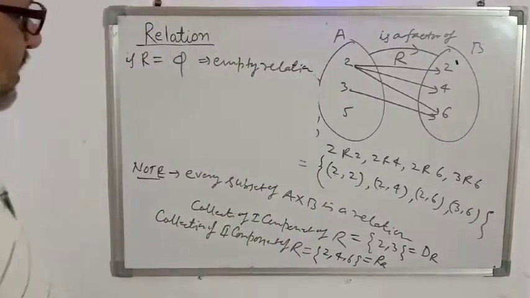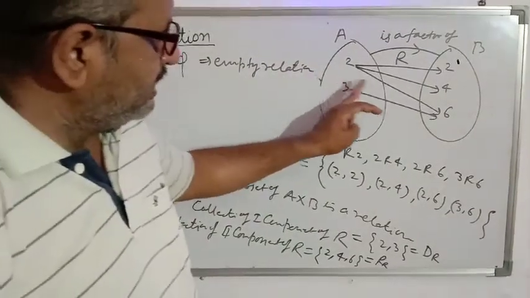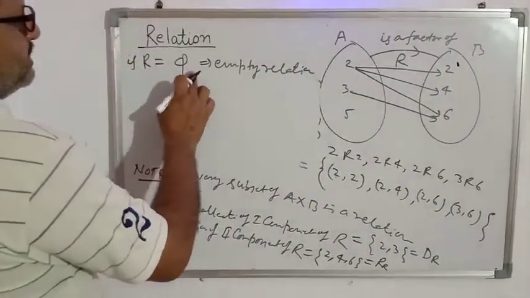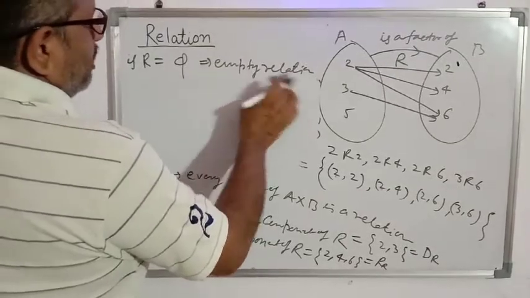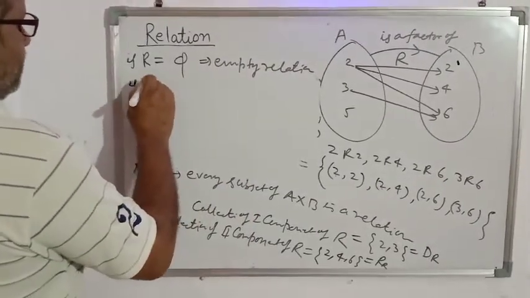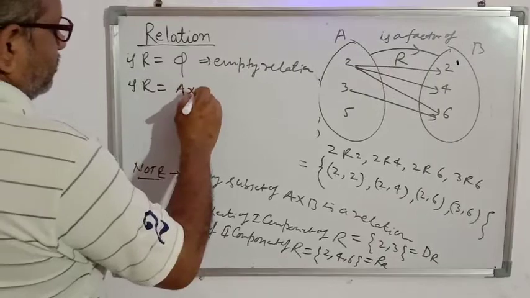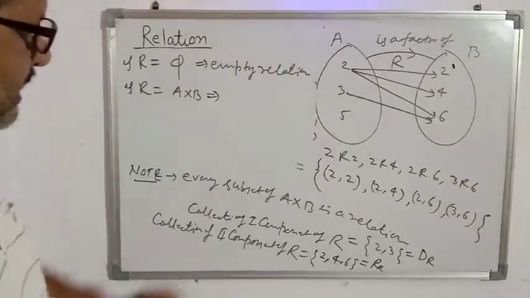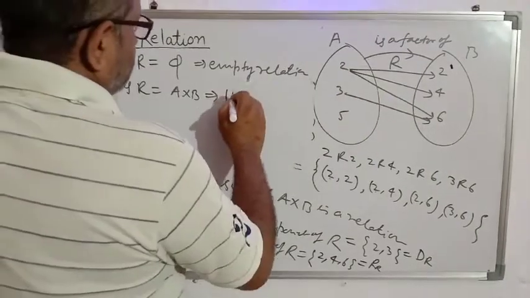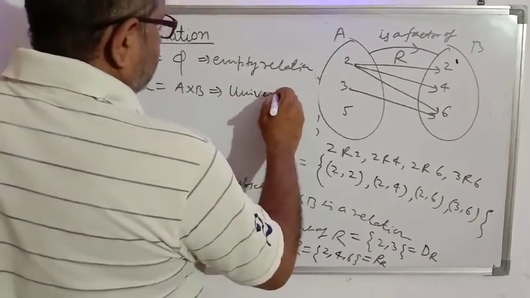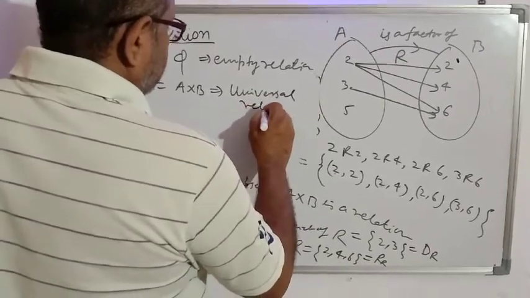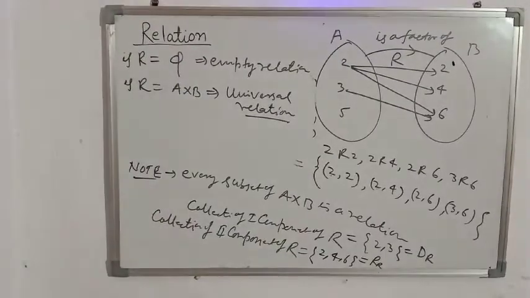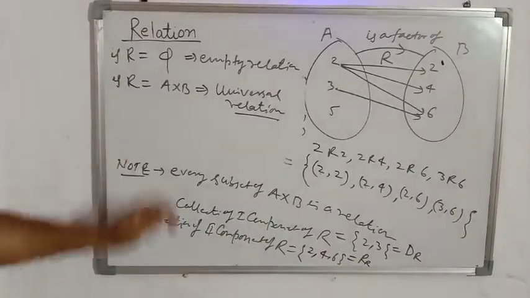It means no element of set A is related to any element of set B. If R is equal to A cross B, then it is called universal relation.